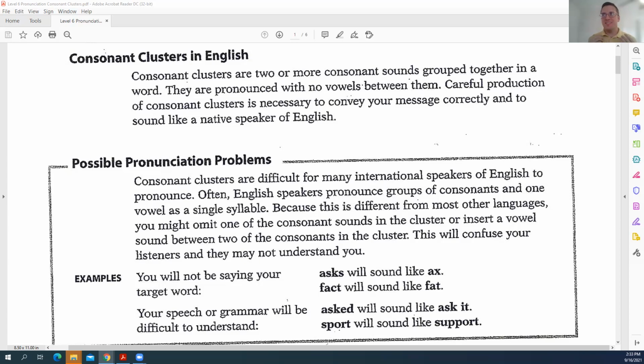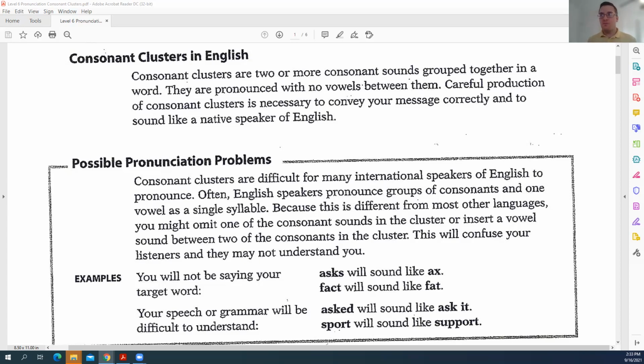Because this is different from most other languages, you might omit one of the consonant sounds in the cluster or insert a vowel sound between two consonants in the cluster. This will confuse your listeners and they may not understand you.